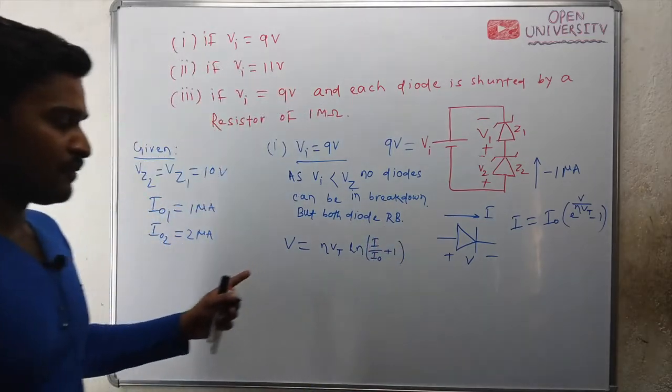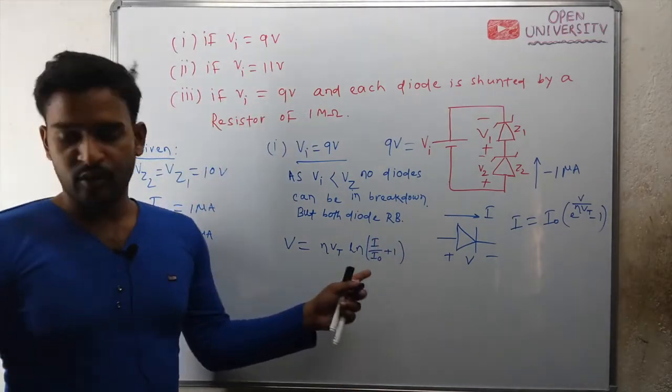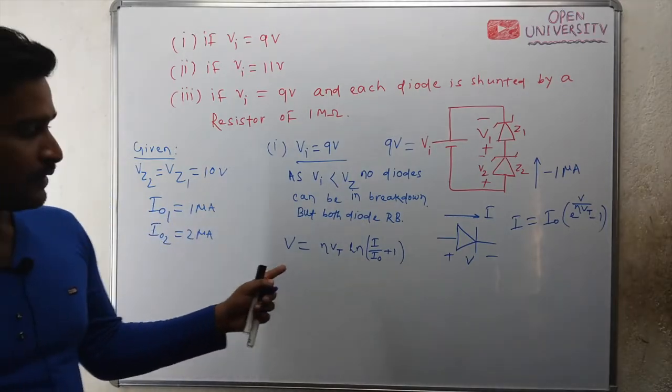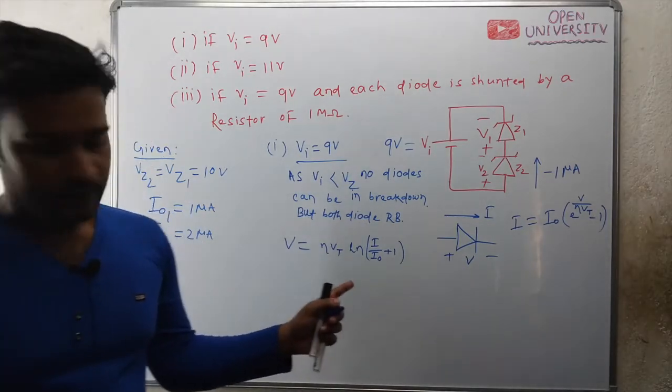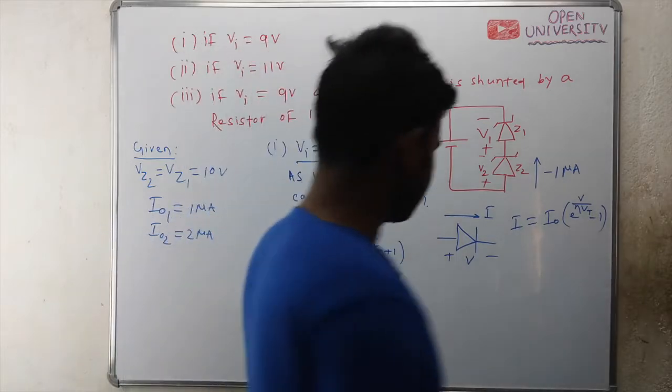This will be the formula for the voltage across the forward bias diode.